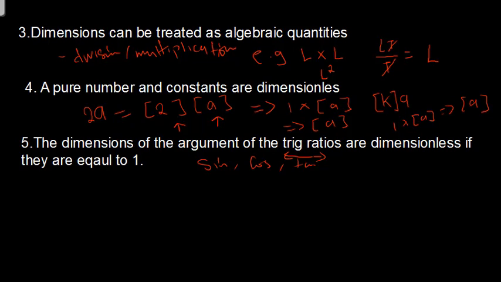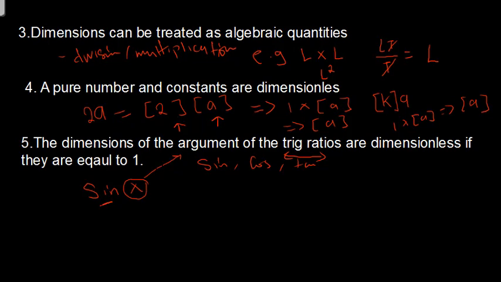These are the trig ratios. So when we say the arguments are dimensionless, what this simply means is that, for example, if you have sine x, this x here is what is referred to as the argument of this trig ratio sine.